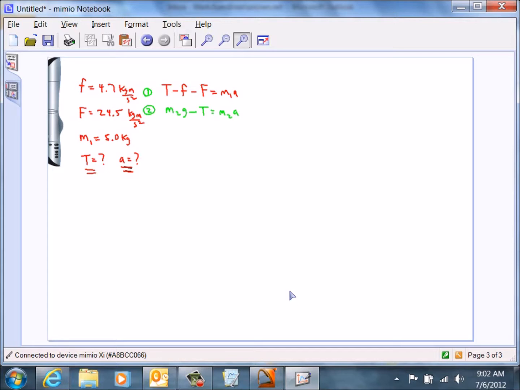Now it also has M2 and G in it, so you'll need to know those values as well. You need to know that M2 is equal to 3 kilograms, and you need to know that G is equal to 9.8 meters per second squared. And now we can solve the problem. But how do we do it?